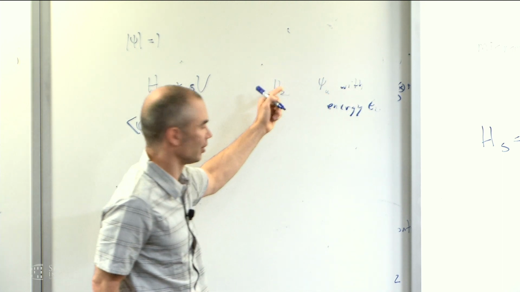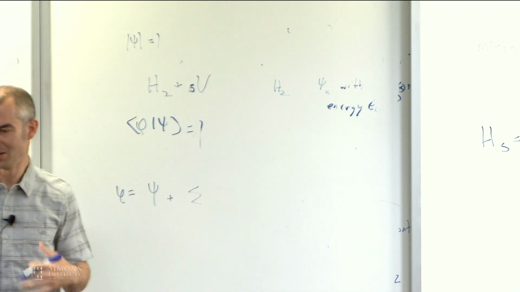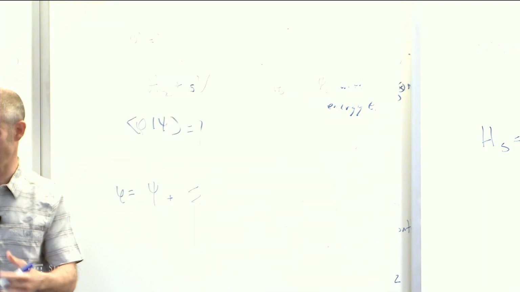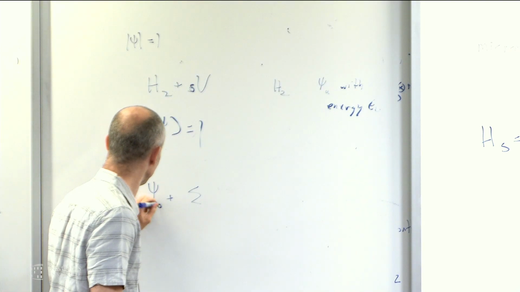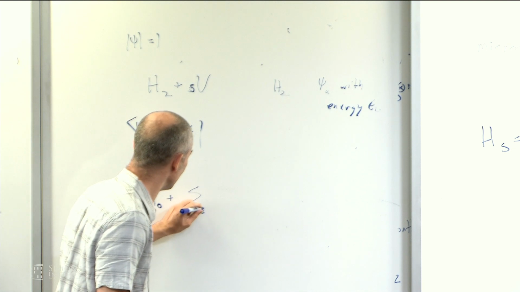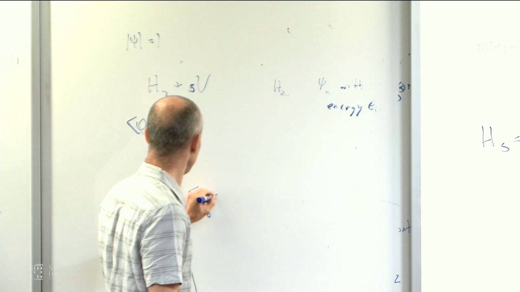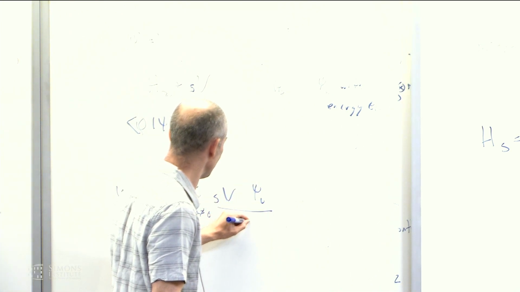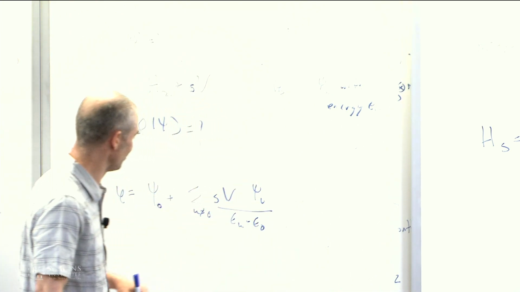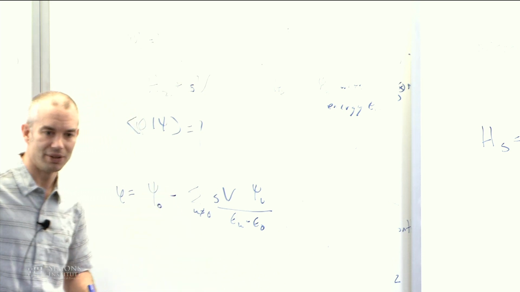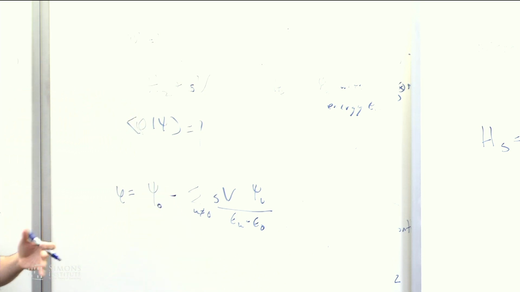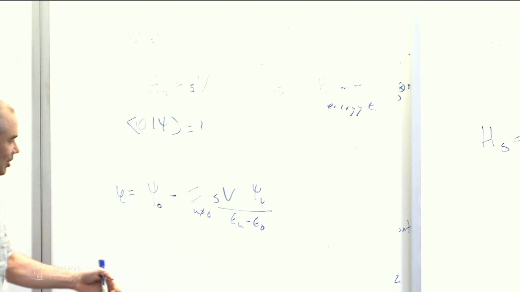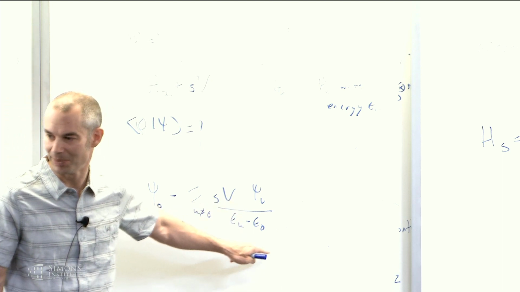So psi 0 will be the ground state of h sub z. Psi 1, psi 2, psi 3 will just be excited states with different energies. So phi will be psi 0 plus a sum over u not equal to 0, s v psi u over E_u minus E_0. And I probably have the sign wrong there. I think it's probably a minus. So that's the same as the usual first order perturbation theory: matrix element to an excited state divided by an energy difference.